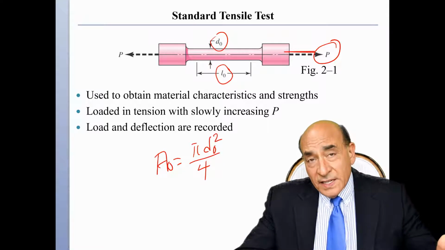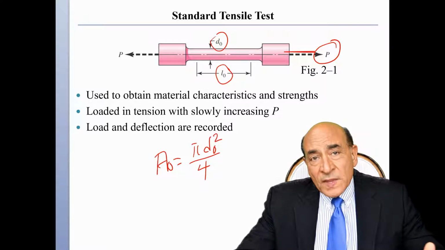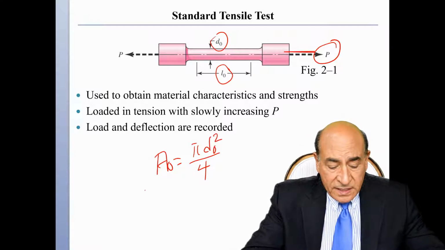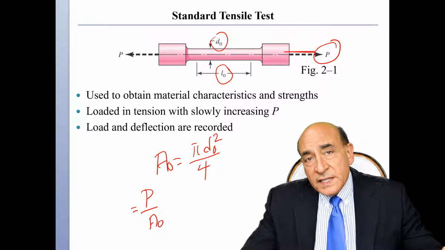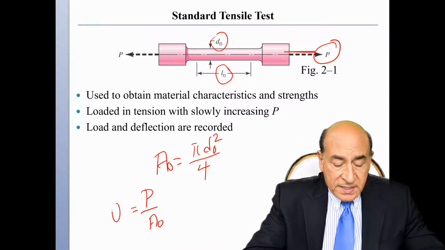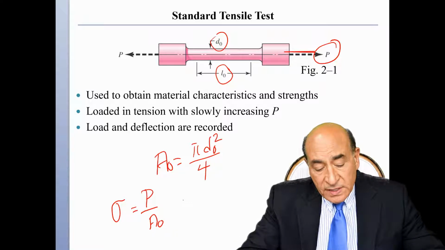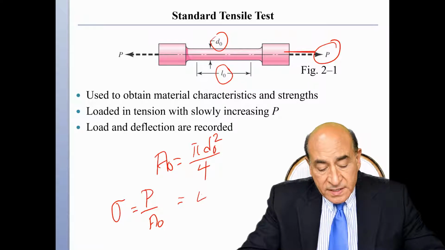So we have an initial area A0, and we have a load, and therefore if the load is divided by the initial cross-section area, we get the stress, which is a uniaxial stress, and we will call it sigma here, in which we will designate it as the engineering stress. So this will be the engineering stress sigma.